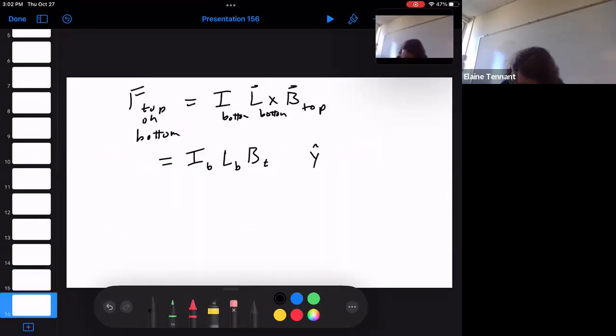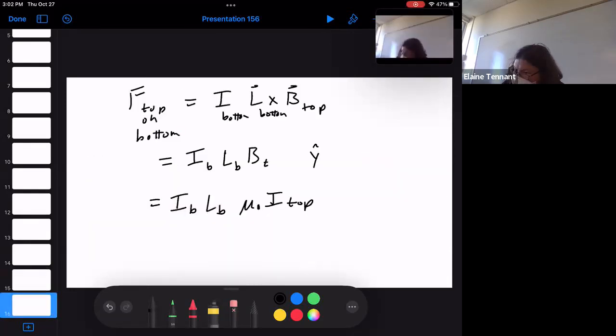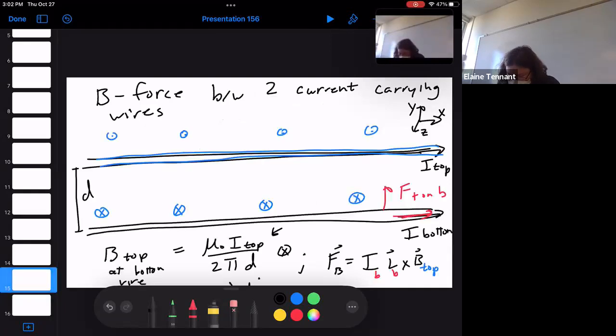So I have mu naught I top over 2 pi d. And the only thing kind of left to look at is this L, which is just the length of wire that we're talking about.